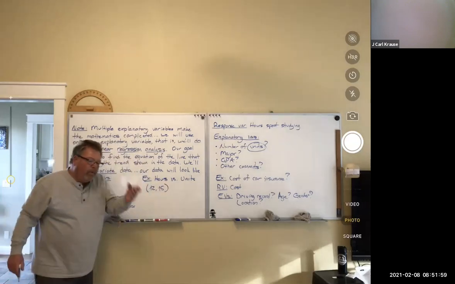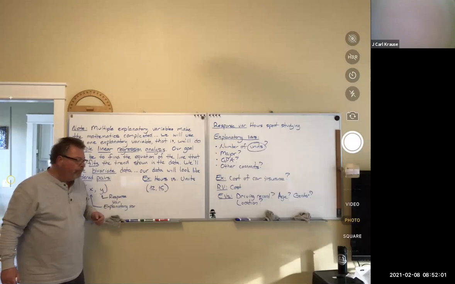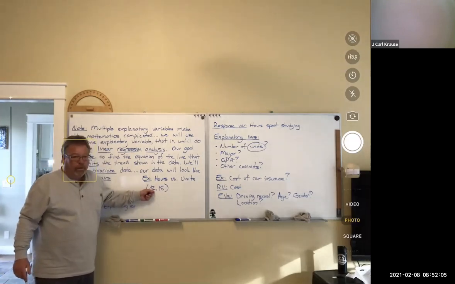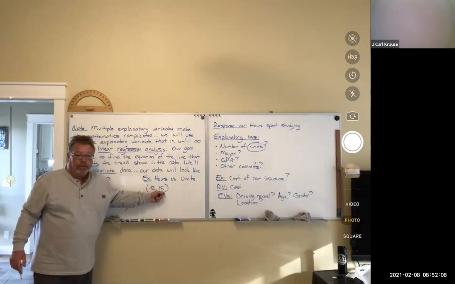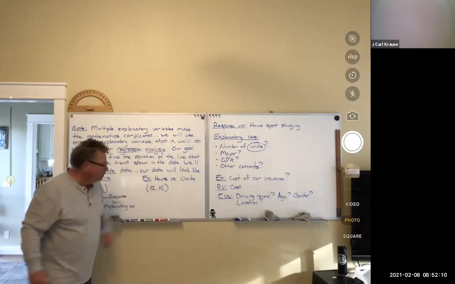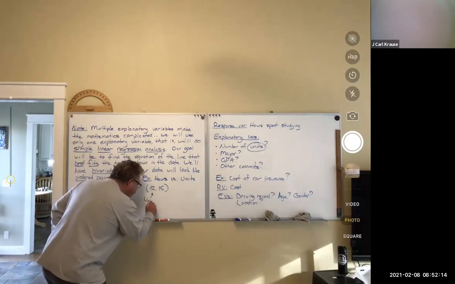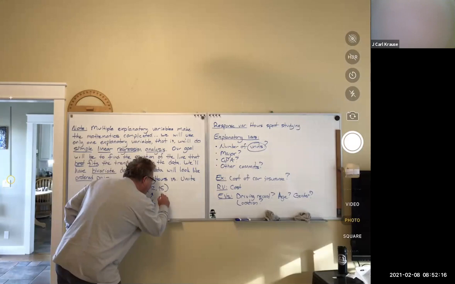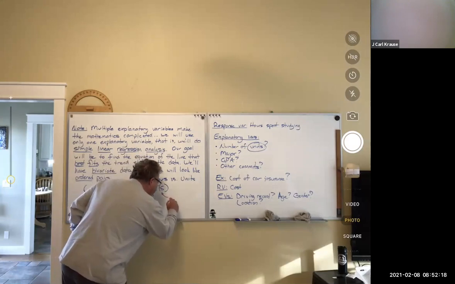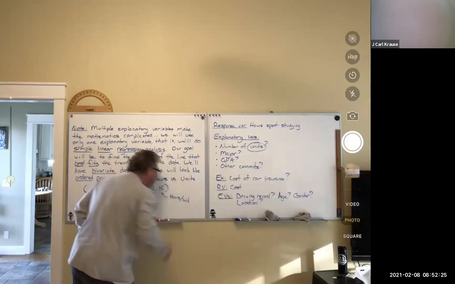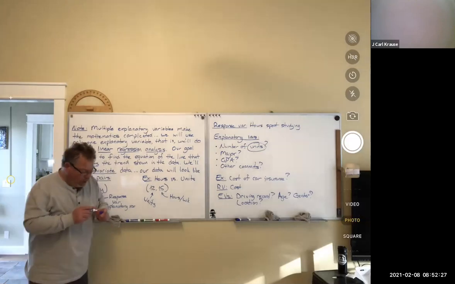And that's the way we're going to organize the information. And we're going to say, okay, if a student has 12 units, we're going to predict that they will spend 15 hours per week. So this would be 12 units, and this would be 15 hours per week spent studying.